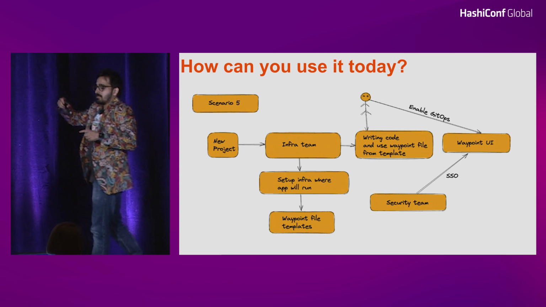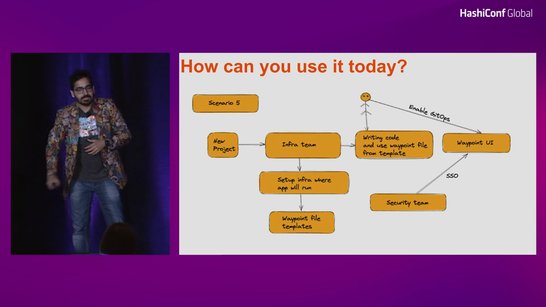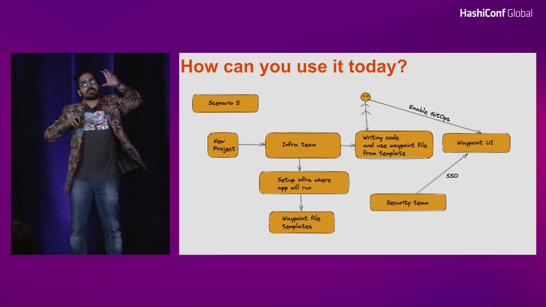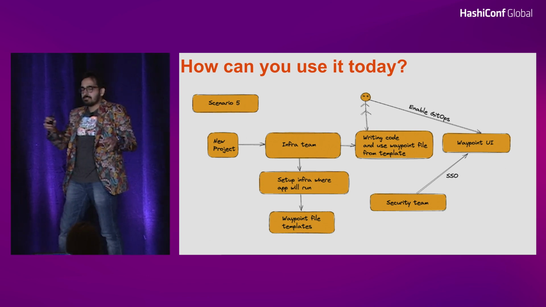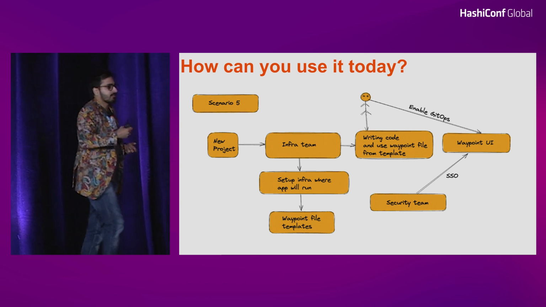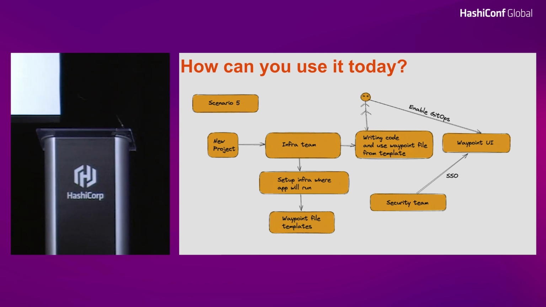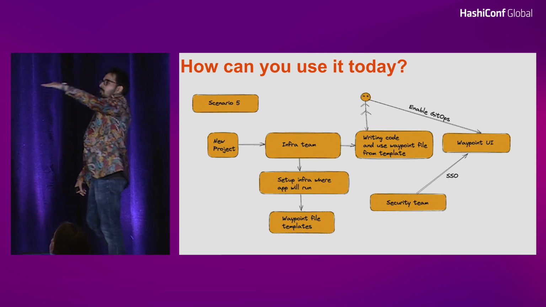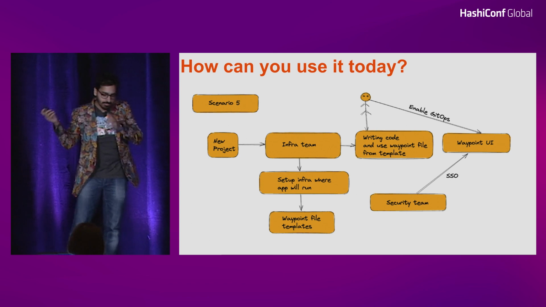And the SSO, the HTTPS and all these things can be handled by the security team, and the developer can enable a GitOps workflow. So that is a more enhanced scenario where you have different sets of teams and you will be able to use your templates and then deploy to Kubernetes or the other platforms.